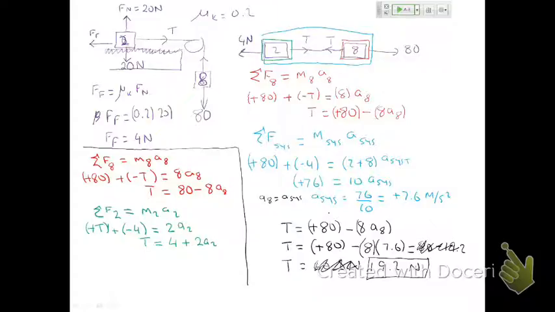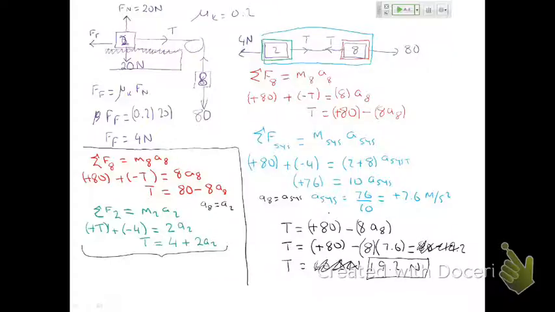Two equations, two unknowns. I want to find t in the end. The first thing to recognize is that a of the 8 is equal to a of the 2 because, again, they're equidistant apart along the length of string. The string doesn't get shorter or longer, so they just track each other.